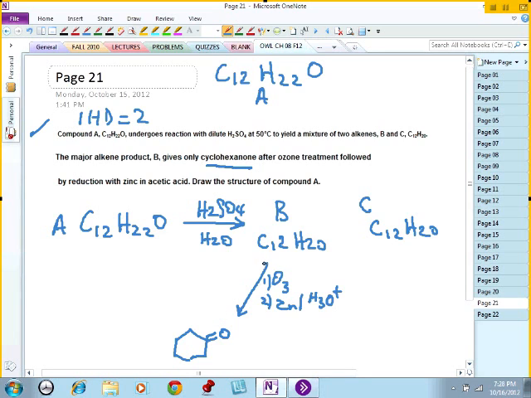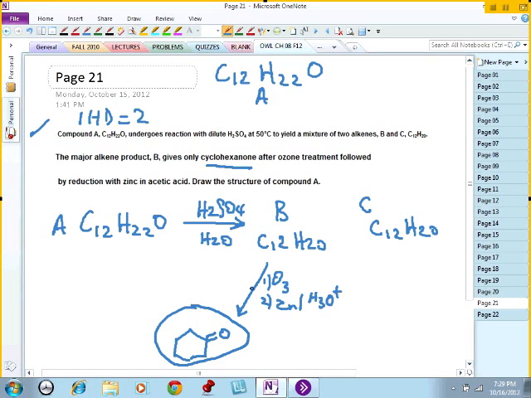The key to answering this question is to know what is going on here with ozonolysis. Compound B, with this formula C12H20, is now giving you this here, which is C6, right? What does ozonolysis do?